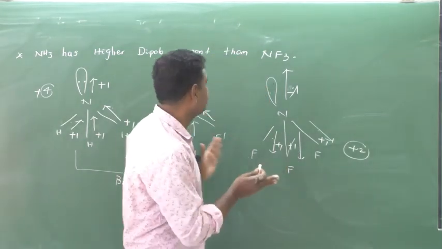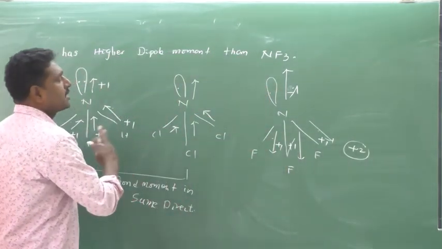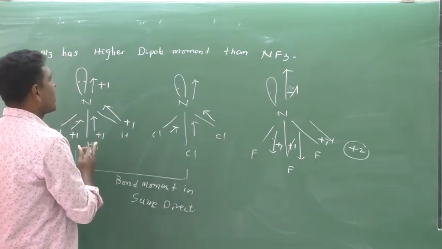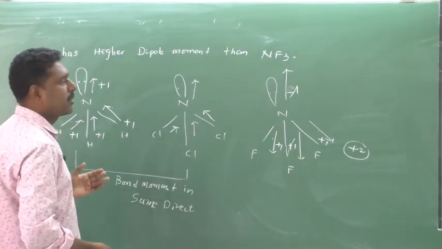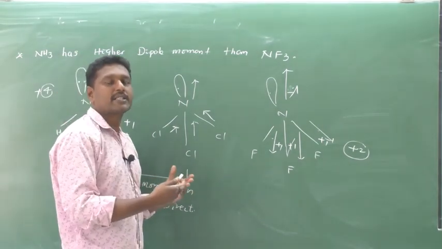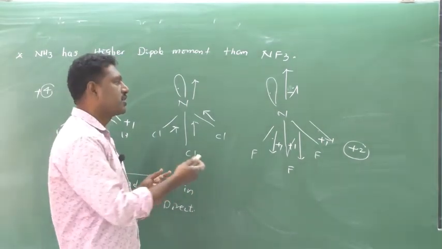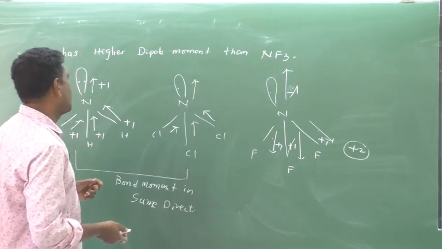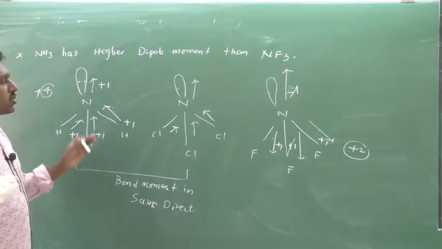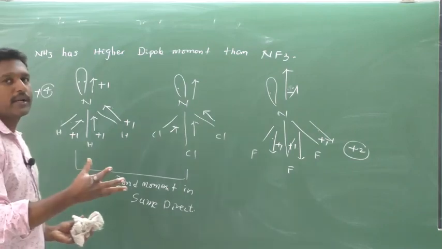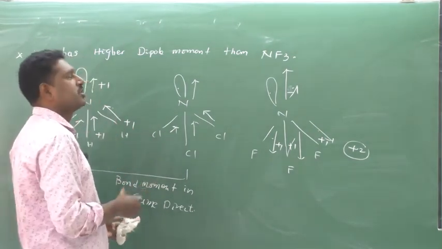So when you compare these three, these two have more dipole moment compared to NF3, because the bond moments are in the same direction in the case of NCl3 and NH3.